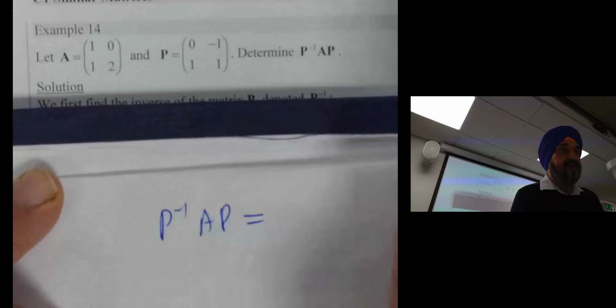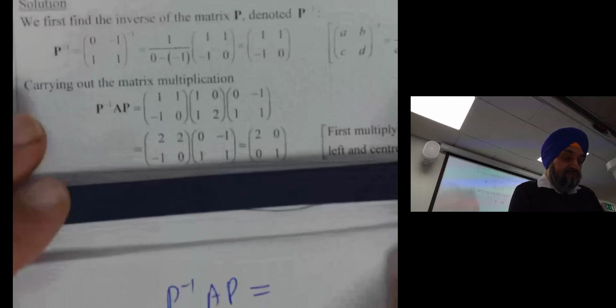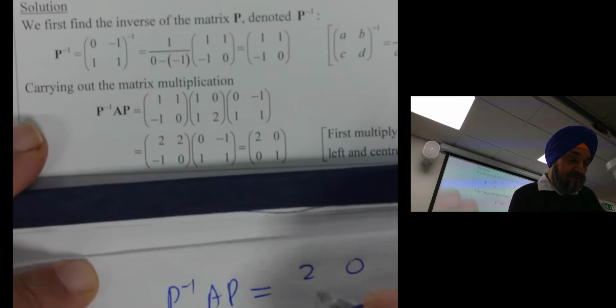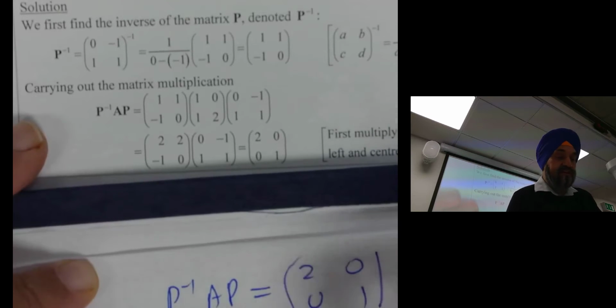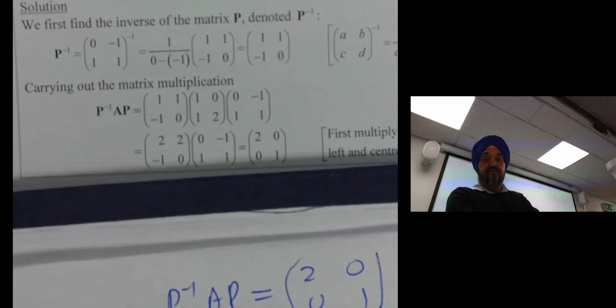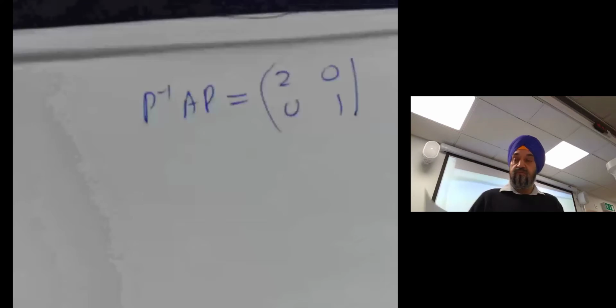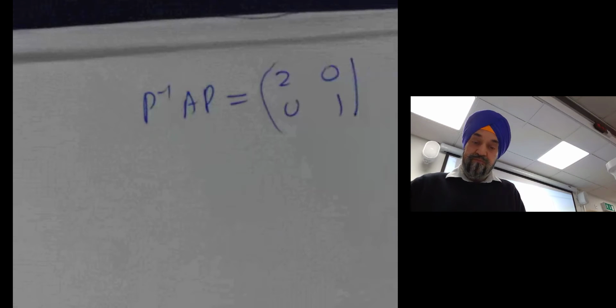You know how to deal with 2 by 2 matrices. You get 2, 0, 0, 1. If you work out the multiplication, this is what P minus 1 AP is equal to.